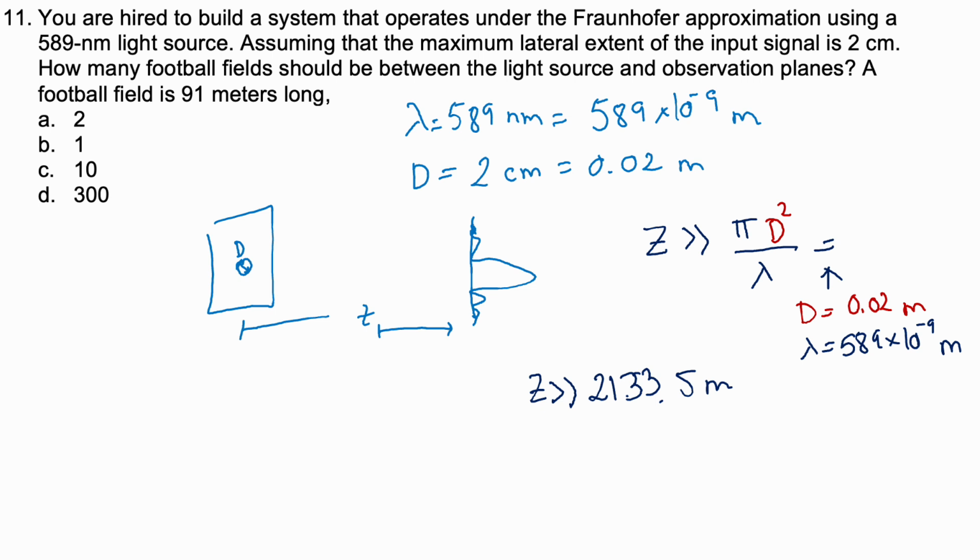So one football field is around 91 meters. So that's gonna be that your c needs to be bigger than 23 football fields. And that means much more bigger. So that means at least 1 order of magnitude.